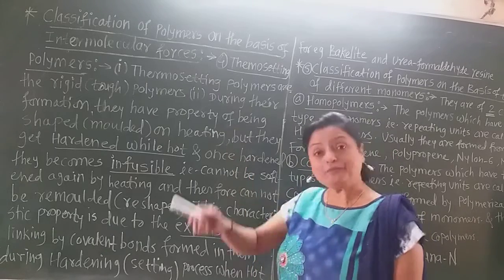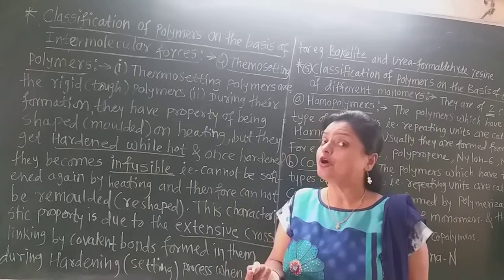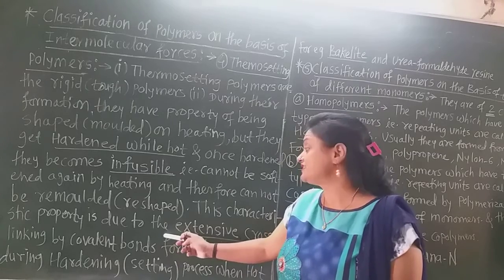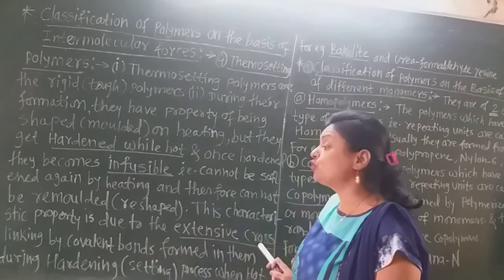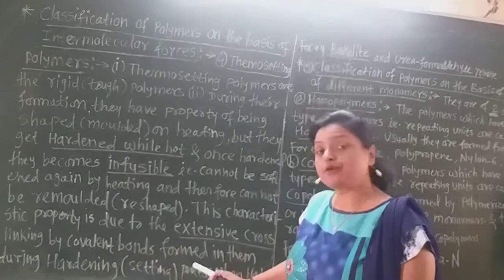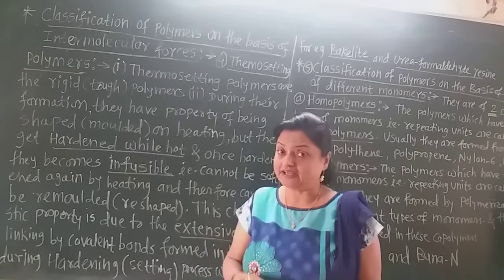This characteristic property of thermosetting polymers, that they cannot be reshaped or remolded again, is due to which type of forces? Due to the extensive cross-linking of covalent bonds formed in them during hardening. Remember that.